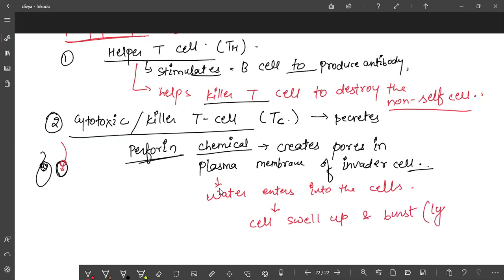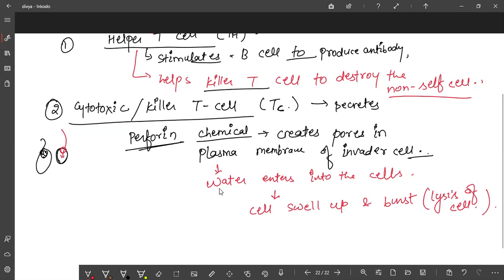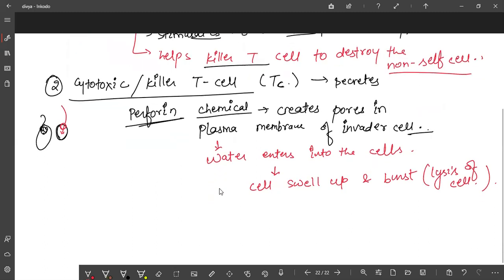Simply you can say lysis means death of the cell takes place. That's why it is also called killer T cell, because it kills the pathogen or the cells in which the microbes have attacked. Is it clear to you?